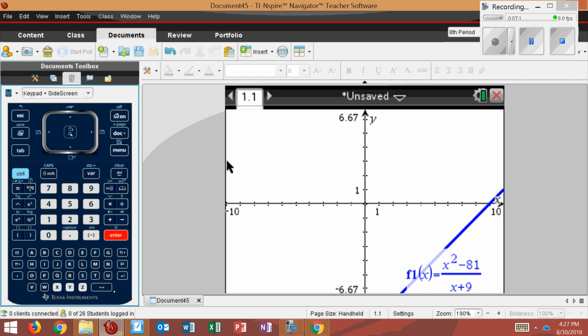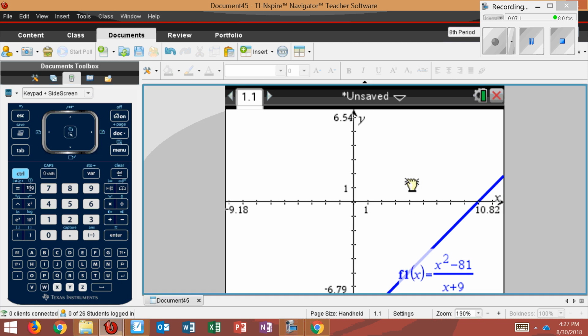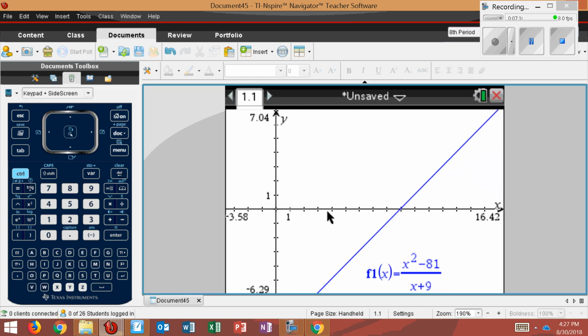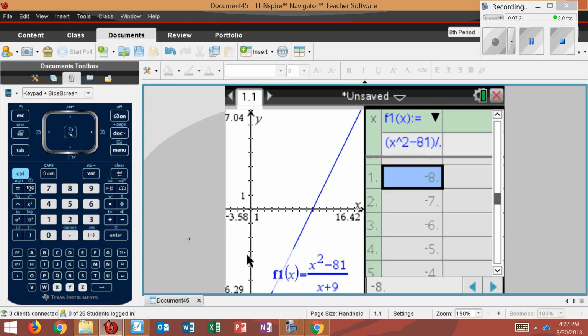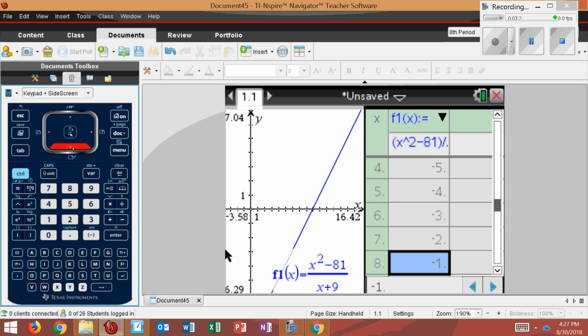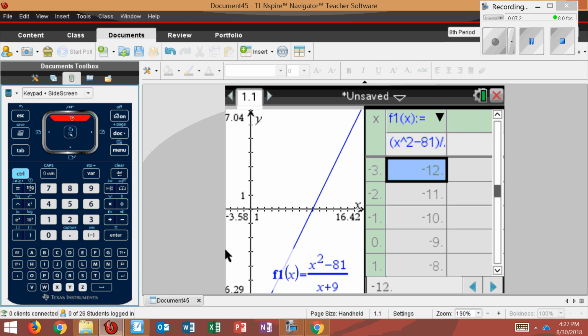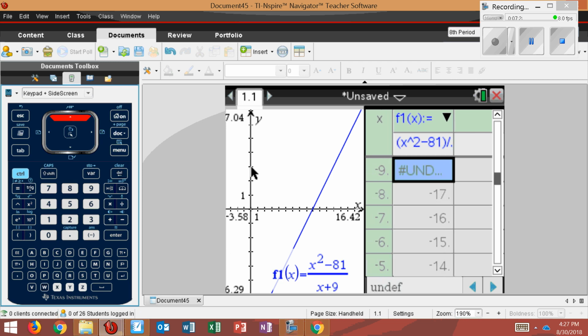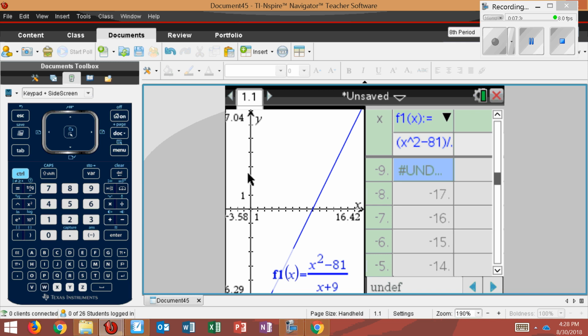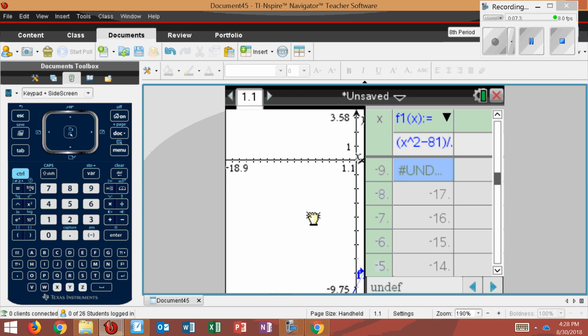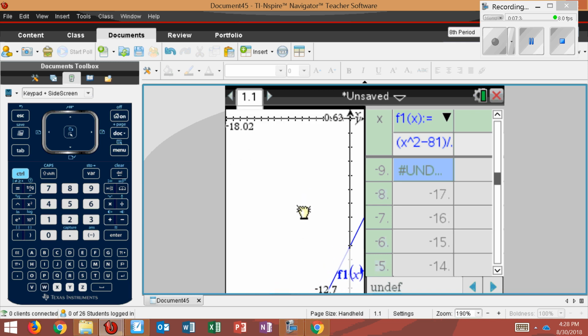You'll see that this has a removable discontinuity, though you can't see it here. If I went Control T, at negative 9, it's undefined. So when x is negative 9 over here, you couldn't see this, but it was actually removable down there.